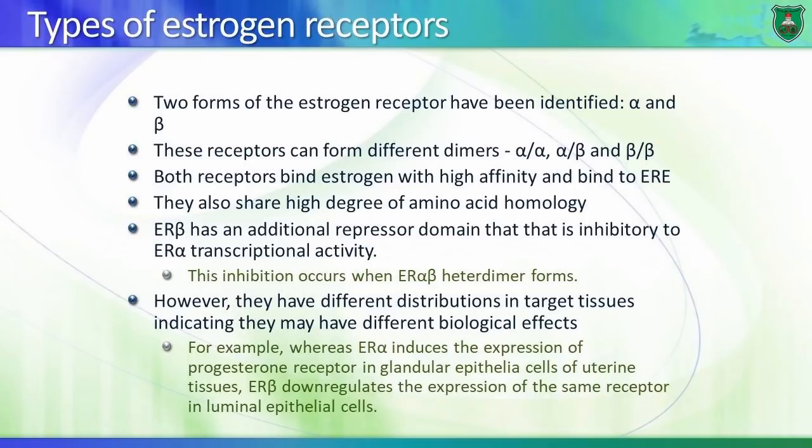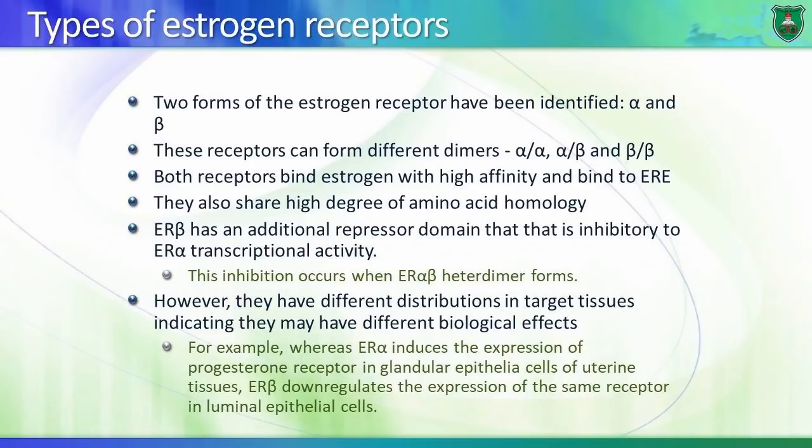In some cases, they have different distributions, and they have different biological effects as well. So the estrogen receptor alpha, for example, induces expression of progesterone receptor in the glandular epithelial cells of the uterine tissue. On the other hand, estrogen receptor beta downregulates expression of the same receptor in the luminal epithelial cell.